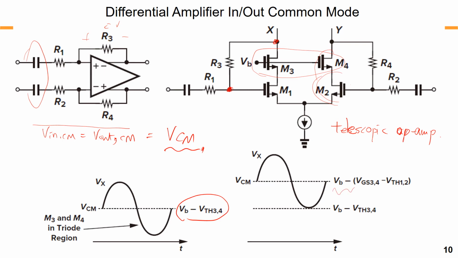So the actual limit for the common mode range is like this: starting from VB, this voltage drop, and a V overdrive voltage drop, and up like that. If you calculate the minimum required voltage drops here and there, 1, 2 and 3, you can find the range of the maximum common mode voltage.